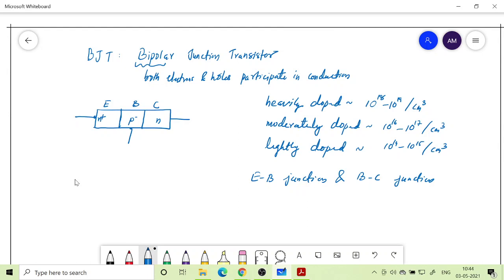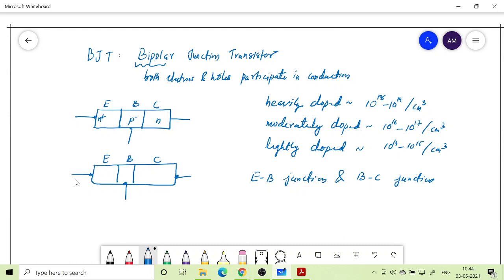One is the NPN, which I have drawn. The other is the PNP. Emitter, base, collector, again 3 terminals, 2 junctions, the emitter base junction and the collector base junction.